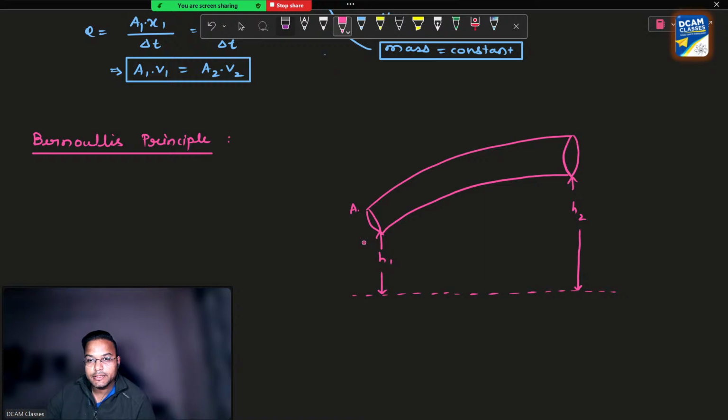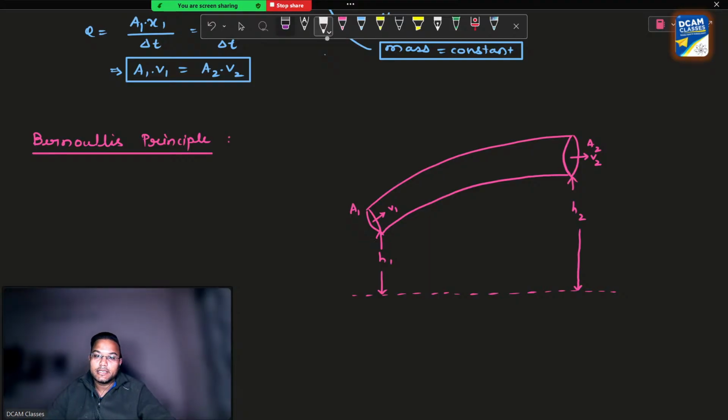Suppose the area is A1, this area is A2, the velocity of fluid which is coming inside is V1, this is going outside is V2, and let's say I have shown this is an open pipe, but let's not assume this is open.